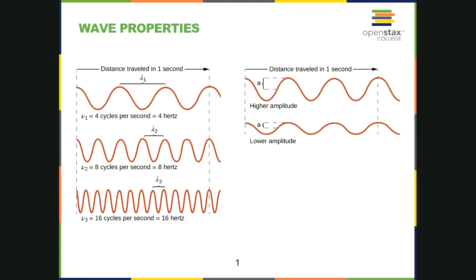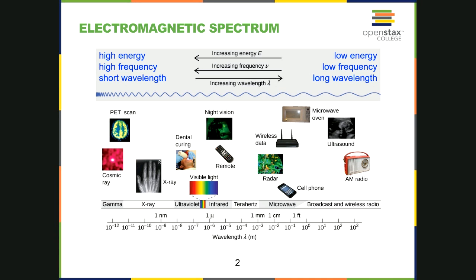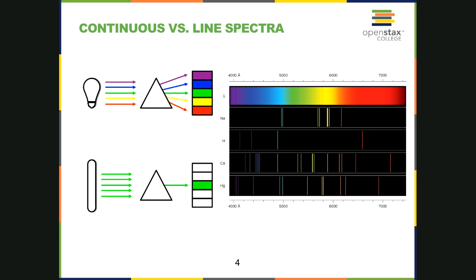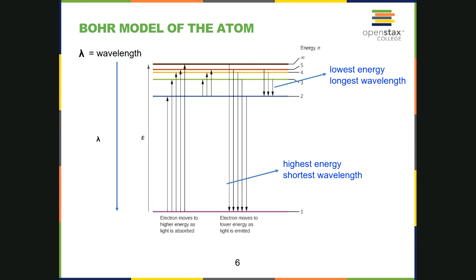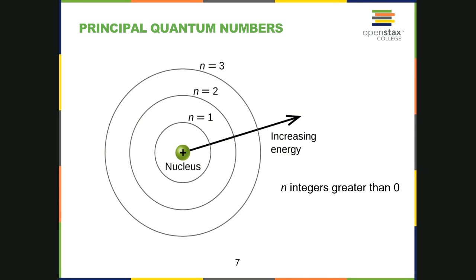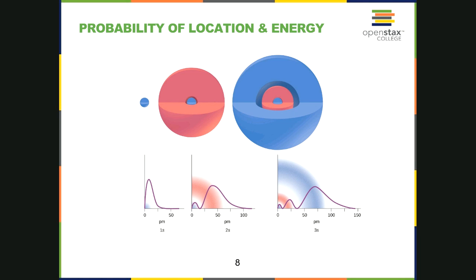So we were talking about wave properties, and then we were talking about electromagnetic spectrum, photoelectric effect, continuous versus line spectrum, energy levels, which translates into orbitals, and the Bohr model of the atom. And then we started on quantum numbers. And the first quantum number being the principal quantum number, it's going to be an integer greater than 0, so no negative integers. Then we talked about how that has to do with the probability of a location and energy.